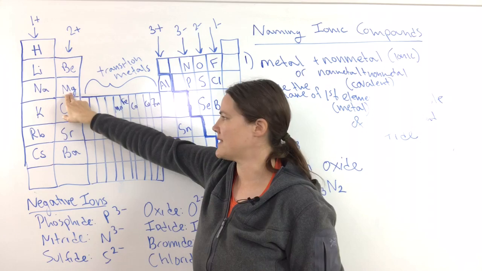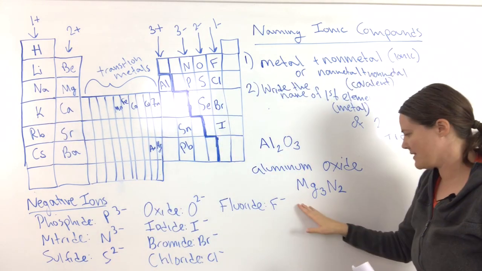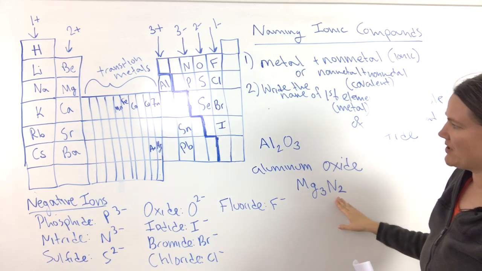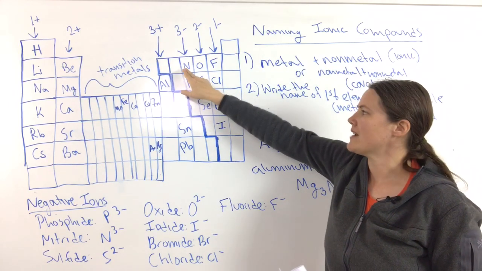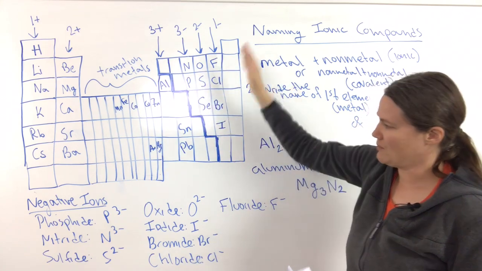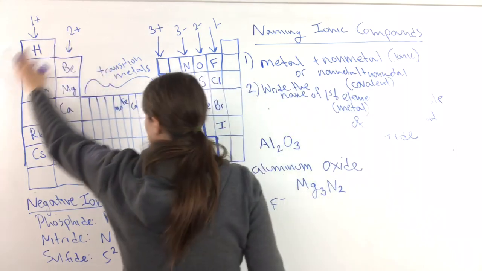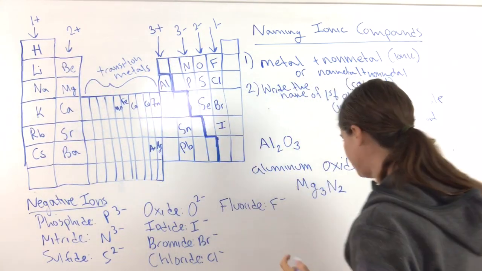So this means that this is a metal. And we have nitrogen, which is right here on the periodic table. So nitrogen is a non-metal because this is where the non-metals are. So remember, the metals are here and the non-metals are here.